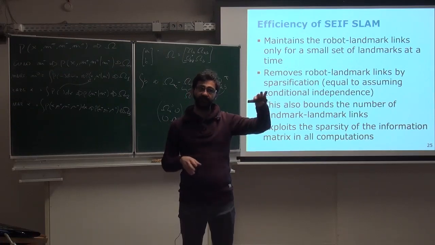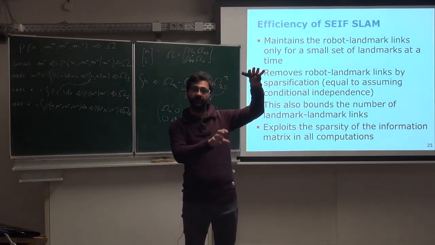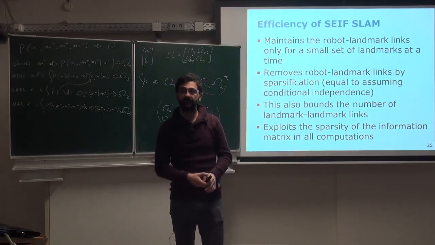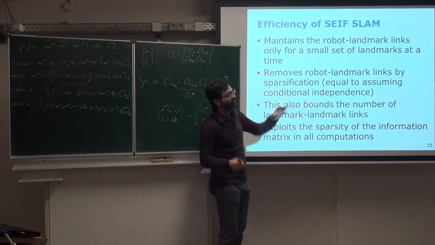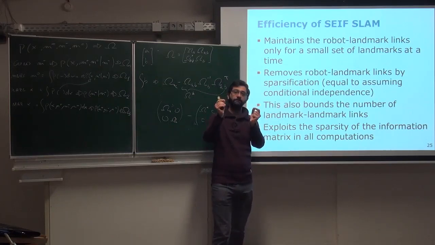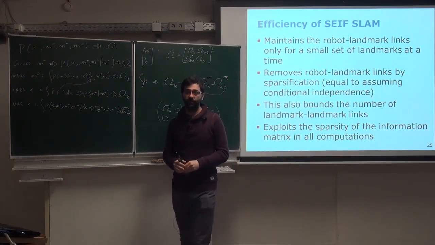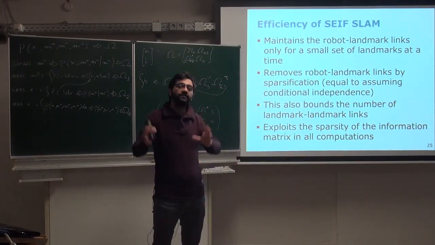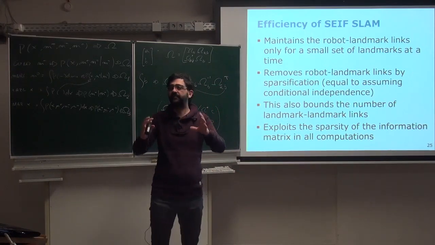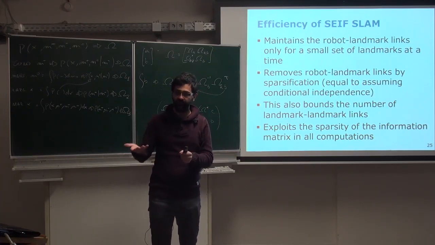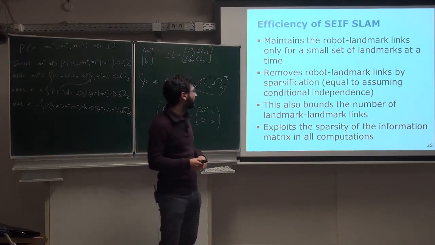If we cut some of these links, we are isolating one landmark from being correlated to the rest of them. Therefore, bounding the robot-landmark connection also bounds the landmark-to-landmark connections. Okay, so this basically means we can keep the matrix sparse and roughly bounded so that we can have a roughly constant time update of the filter.